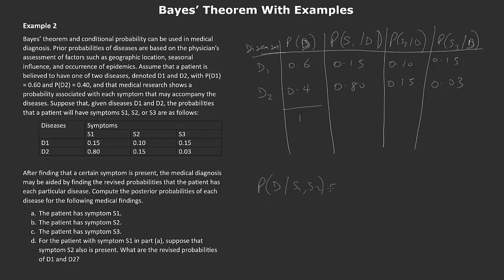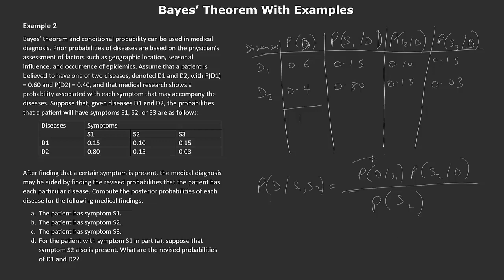The way you express it is the probability of D given S1 times the probability of S2 given D, then divided by the probability of S2. So this is how you should think about it.